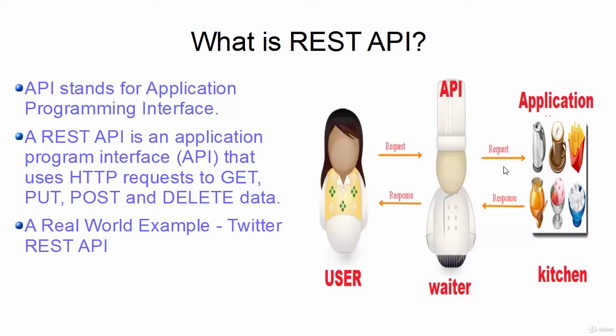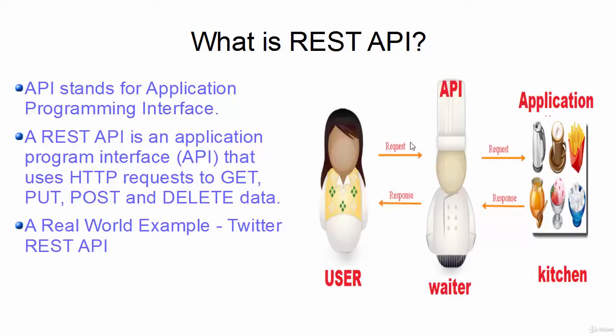Now let me give you a simple example to explain a REST API. Let's say we have a resource, for example, some dishes inside a kitchen. These can be considered resources, right? Now a client comes and wants to order some dishes from the kitchen, but he cannot directly go to the kitchen and take whatever he wants.